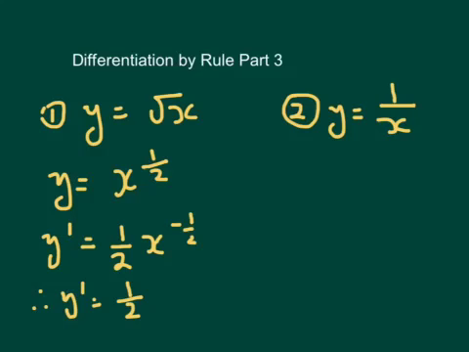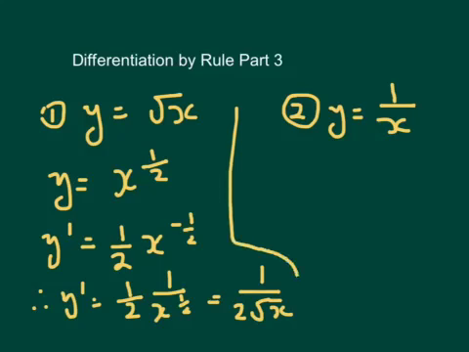A negative sign in an index is saying we need 1 over the positive version. And then we remember that x to the power of a half is just the square root of x. So y dash is going to equal 1 over 2 square root x. That would be our final answer.